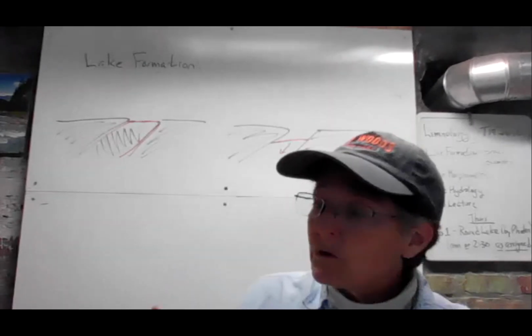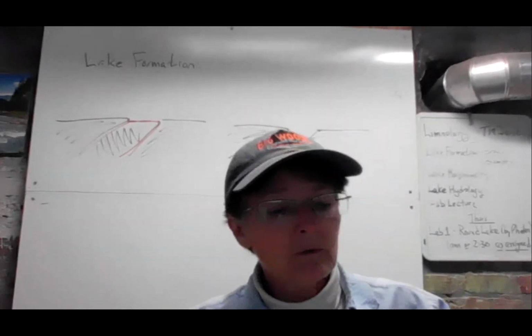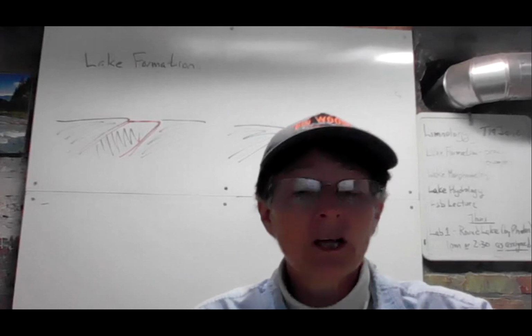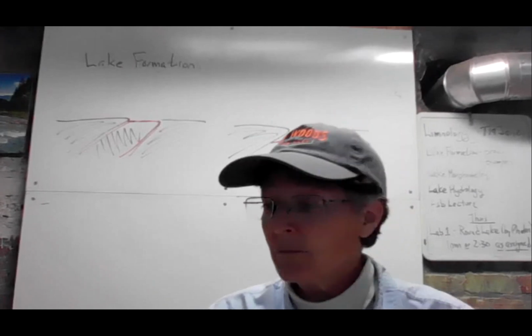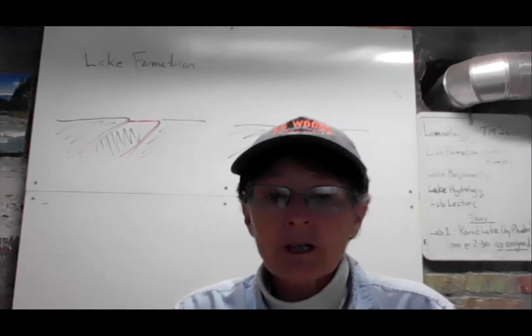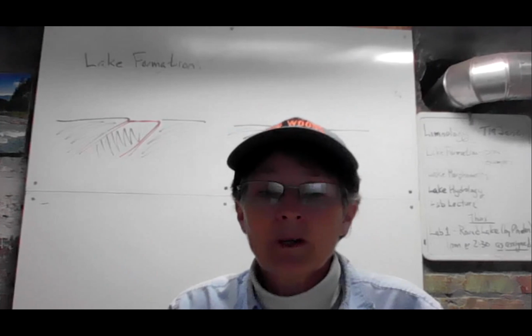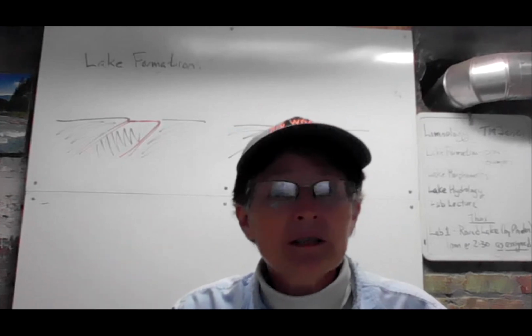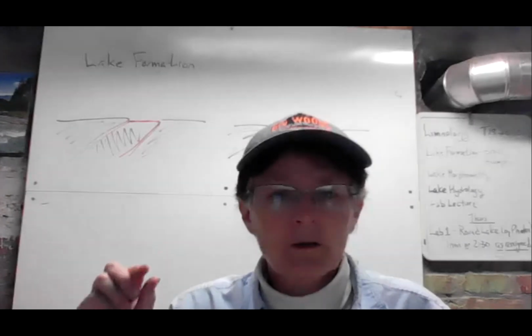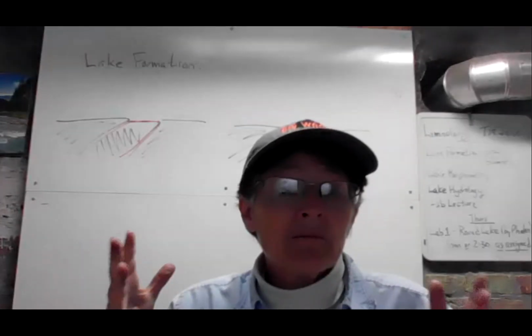And then, of course, humans create lakes. The number one way that humans create lakes is by damming things, damming rivers, damming streams. The number two way that humans create lakes is by digging them. Whether they dig a little farm pond or a swimming pool, those are pretty small. Or mine pits.